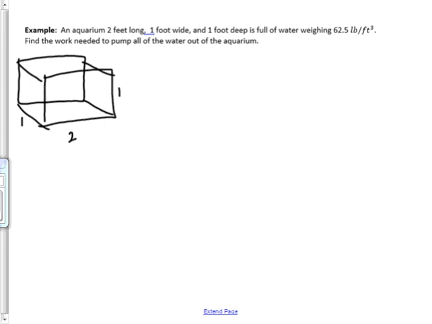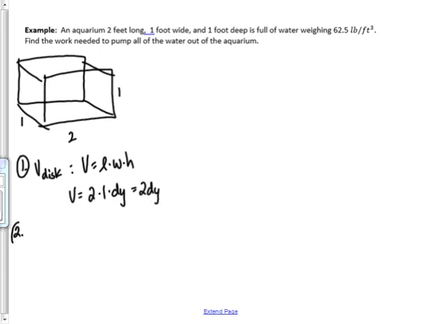We're going to do the same thing. First, get the volume of the disc. The volume of this shape is length times width times height, so the volume equals 2 times 1 times dy, remembering we always use dy for the height, so it's 2 dy. Now I need to find delta F sub k, the volume you just found times the weight of the water.